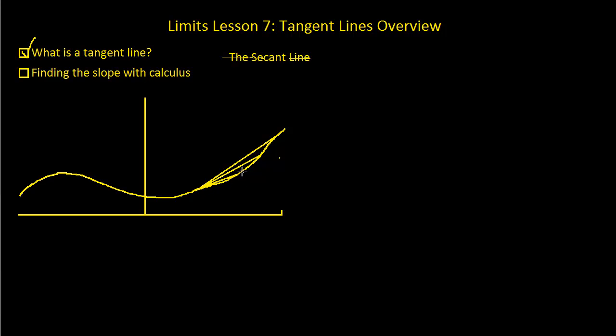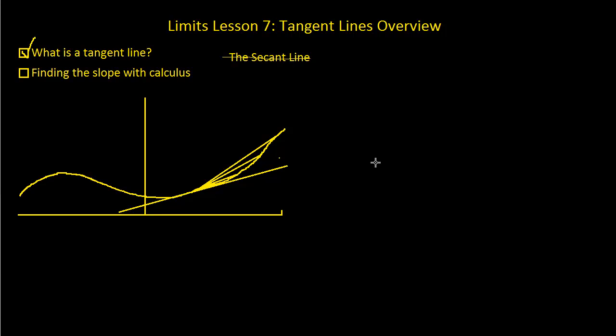This is how you find it with calculus, intuitively. You take this point here and move it along until you get one line. So these lines that we're making here approach that tangent line there. It looks something like that. These secant lines get closer and closer to this line.